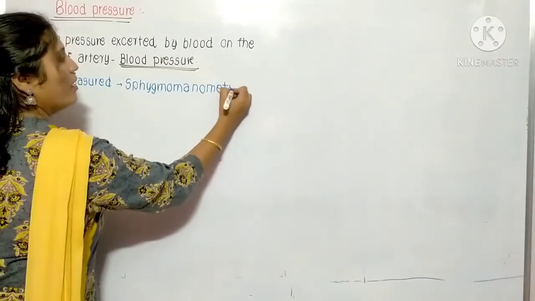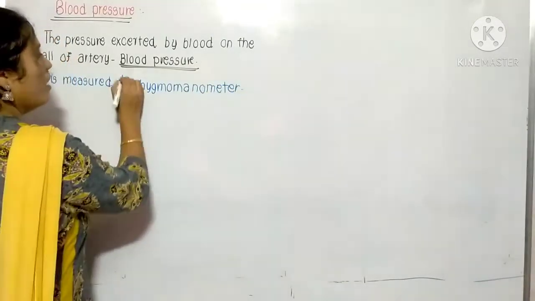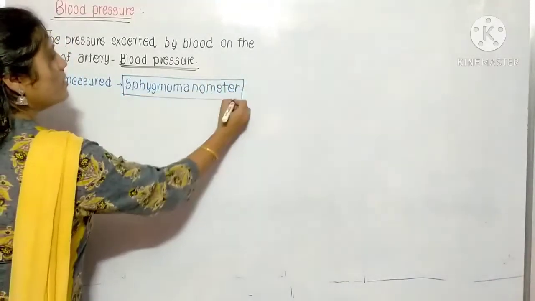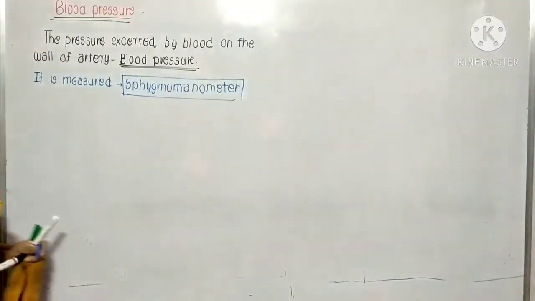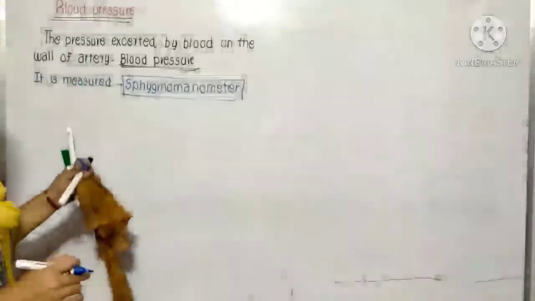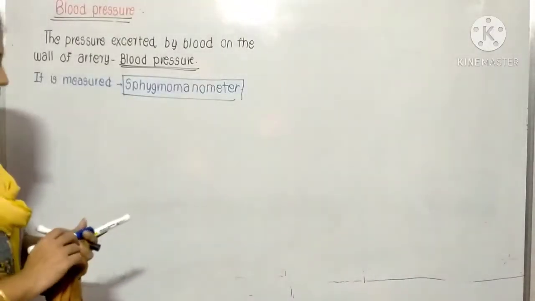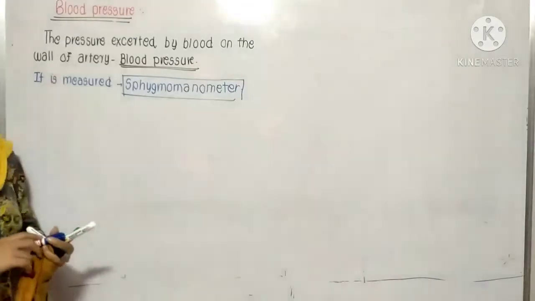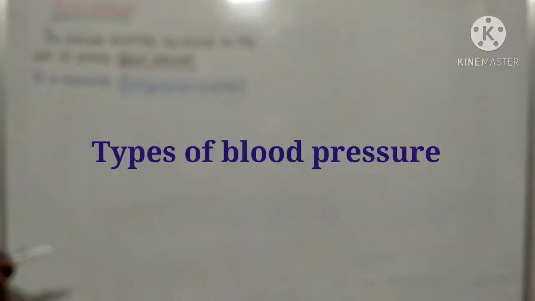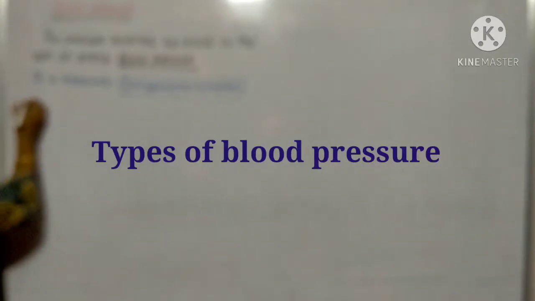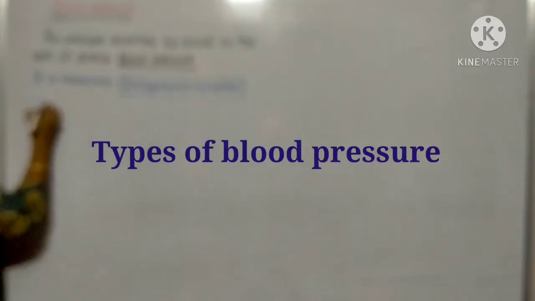With the help of that instrument it is measured. Afterward, in one of the lectures I'll show you the sphygmomanometer and explain how to measure blood pressure. As I have already explained, blood pressure is always measured in the arteries only.